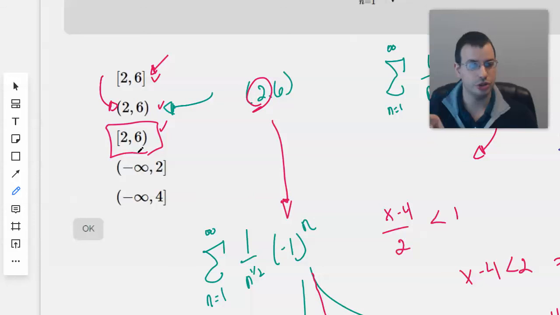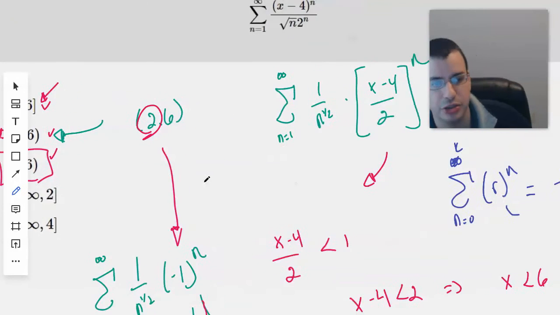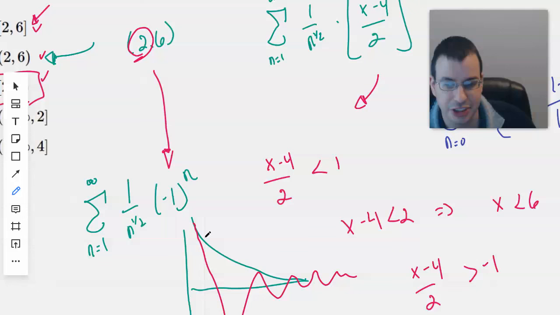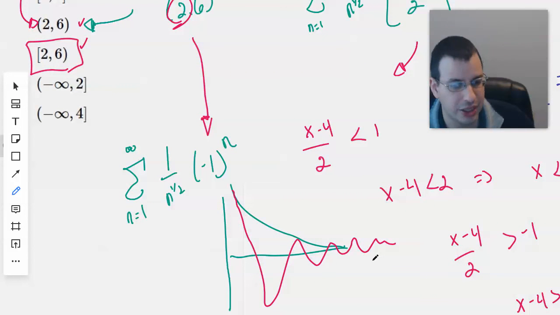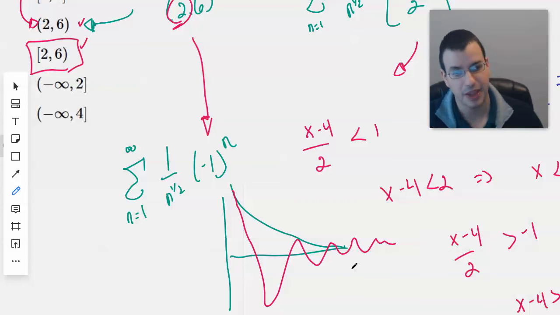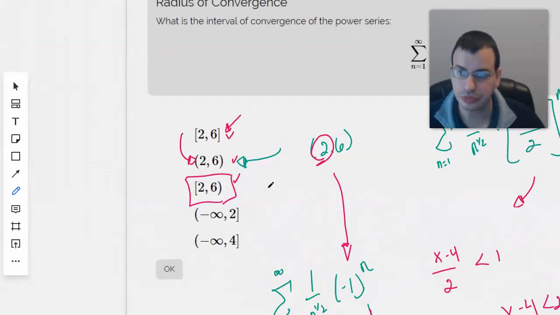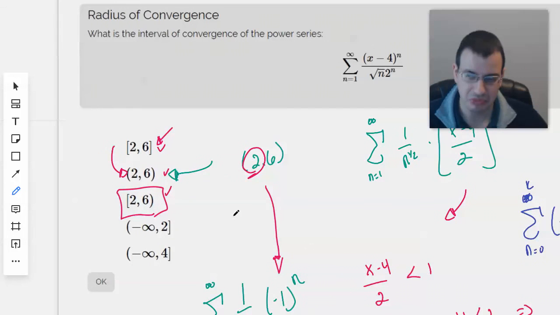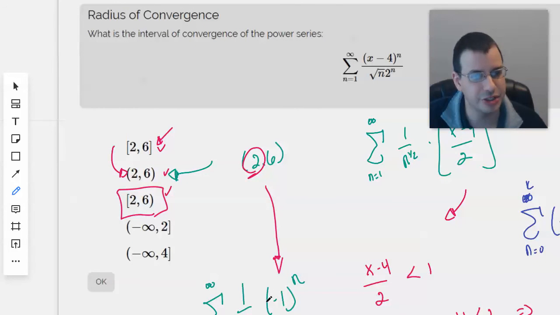We want to include 2, but not 6. When we do 6, 6 minus 4 divided by 2 is positive, which gives us the top line, but when we do 2, we get the alternating between negative and positive, and that will converge. So the interval of convergence for this series is 2 included, up to but not including 6. And that's how you do one interval of convergence question.